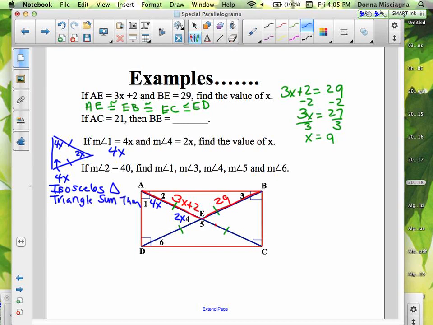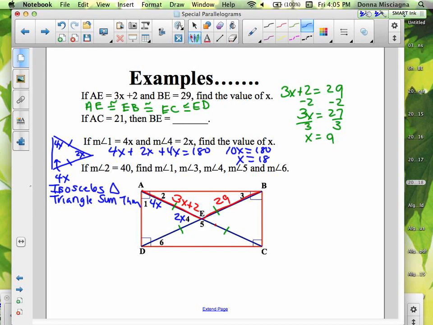All right, so 4x plus 2x plus 4x equals 180, which means that 10x equals 180. If we divide both sides by 10, x is equal to 18.